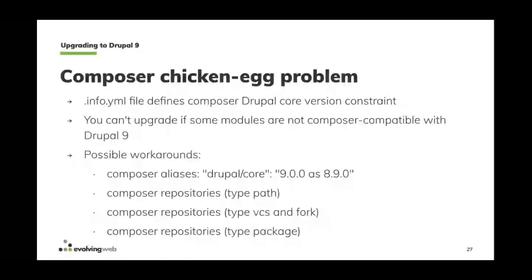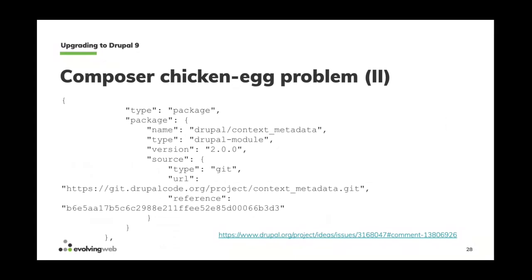It will look like this. So this is the only stuff that you need to add to your composer.json. You define a repository. In your repository section, you say this is type package, and you define the name, the type. You say it's a Drupal module so that it will get to the right folder. You set a version, and in the source, you point to the actual Drupal Git repository.